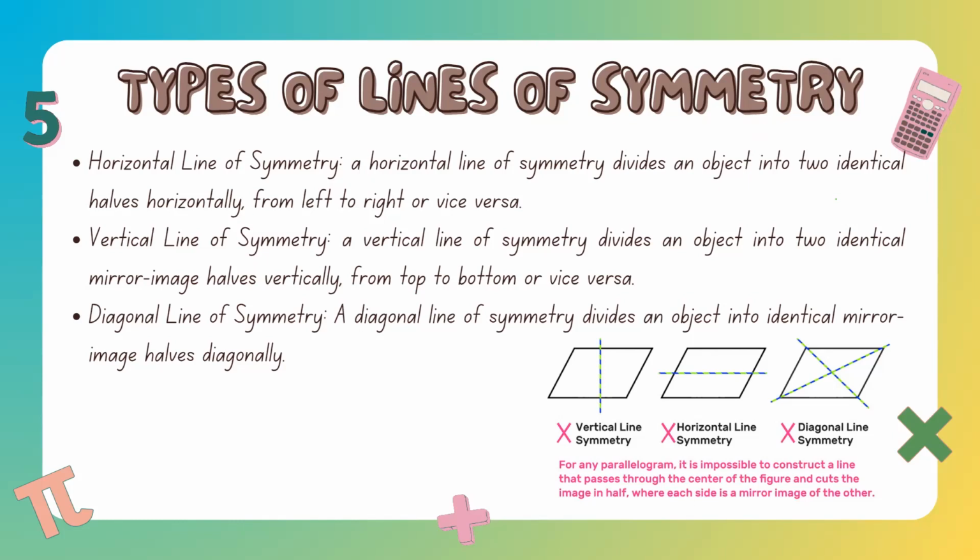For the vertical line of symmetry, when you cut it in half from the middle, it needs to be equal. For the diagonal line of symmetry, when you cut it in half, it's not equal either, because the shapes are not equal. So when you cut correctly, then it will be the same.